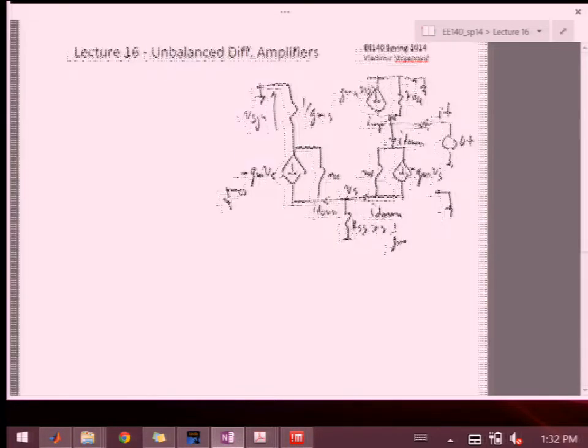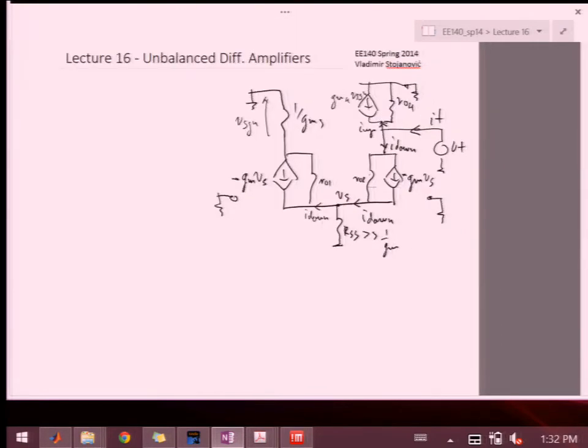So let's write out some equations. For I down, the first condition is that V test minus VS over RO2 is the current going through this resistor RO2, and then this current minus GM VS. So that's the KCL on this node over here.